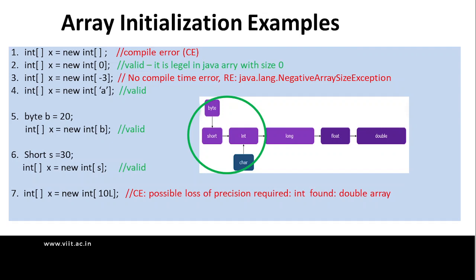Then int array x equal to new int -3 will not be a correct statement. This will give a negative array size exception. So int x equal to new int a, this is valid.